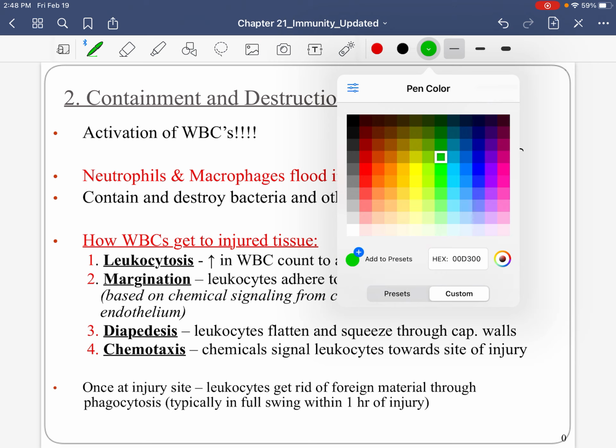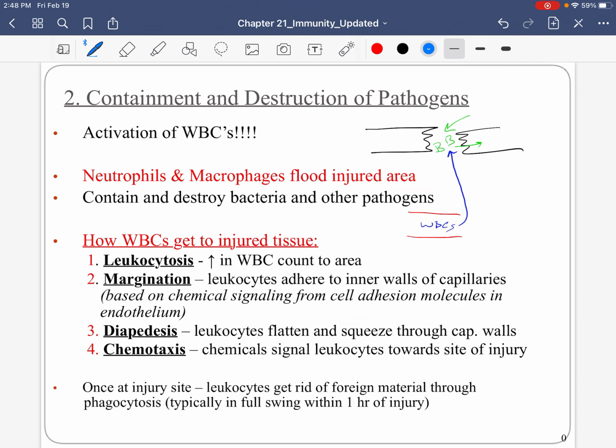This is how white blood cells get into the tissue. Please review. These are some important terms in terms of our immune response, specifically with these generic white blood cells. We have leukocytosis. When we have damage to an area, we're going to have an increased number of white blood cells going to that area. So in that localized area, we have leukocytosis.